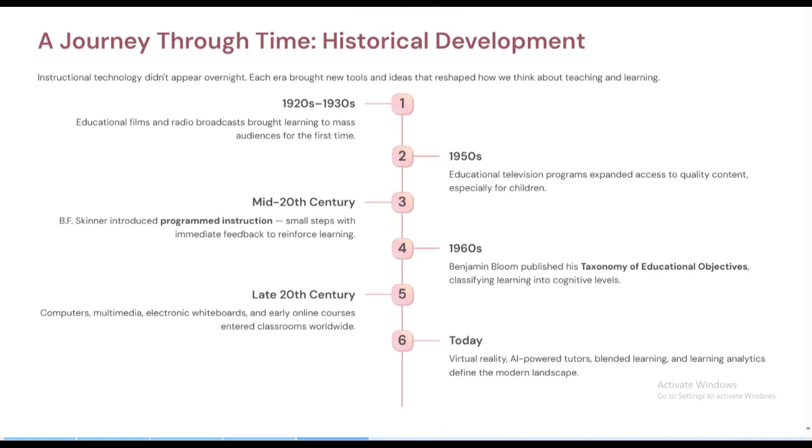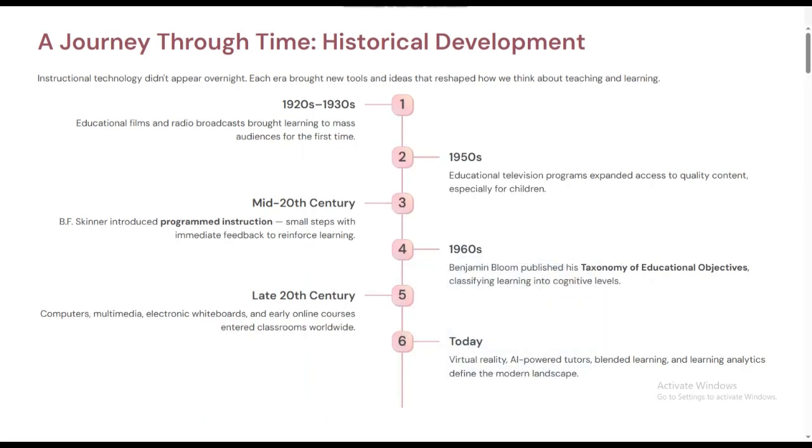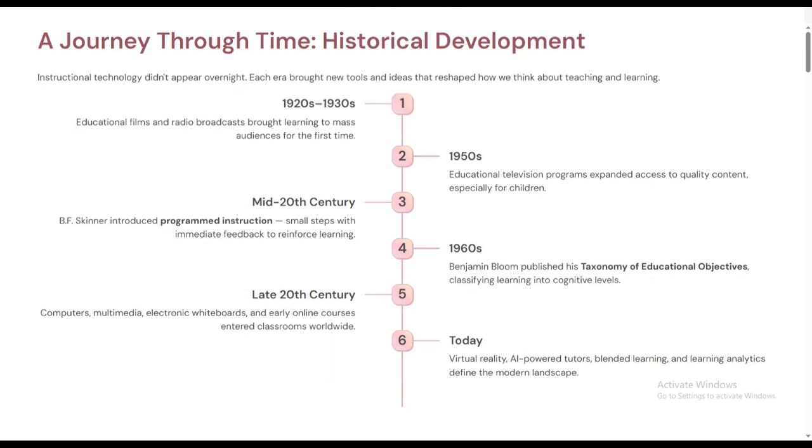Then we have 1960, where Benjamin Bloom published the Taxonomy of Educational Objectives, which classified learning into cognitive levels, starting from remembering to the creating level. And in the late 20th century, the advent of computer technology, electronic whiteboards, where we begin to have the early online courses being accessed through the internet.